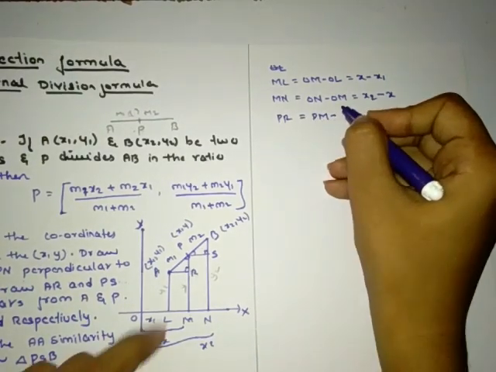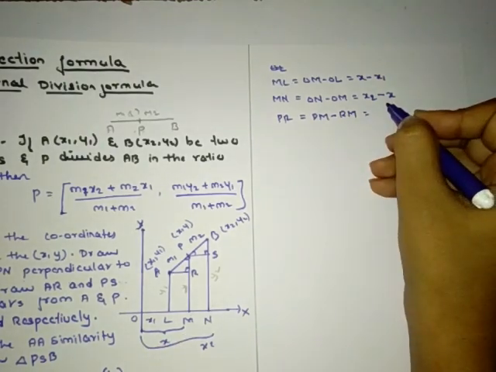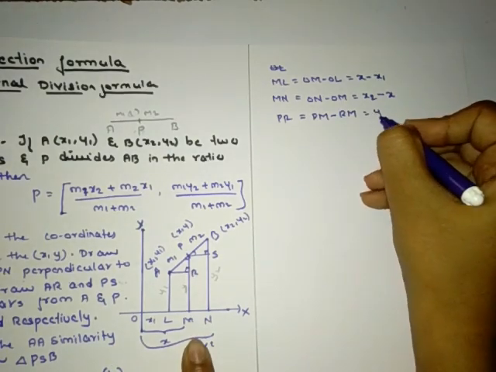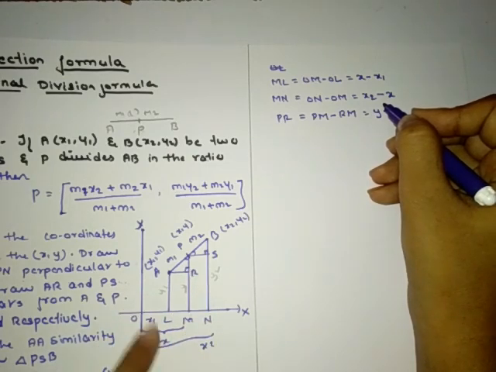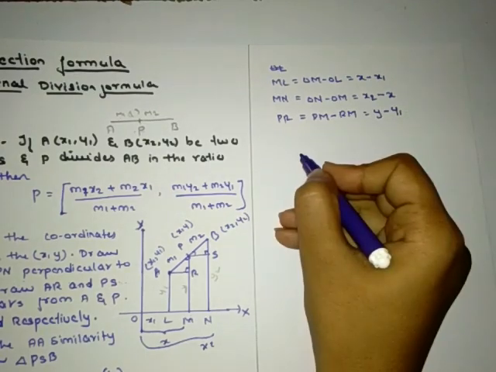So PR is equal to PM minus RM, which is equal to PM, the whole length y, minus RM. RM is nothing but again the length of AL, that is y1, isn't it? So we'll write here y minus y1.